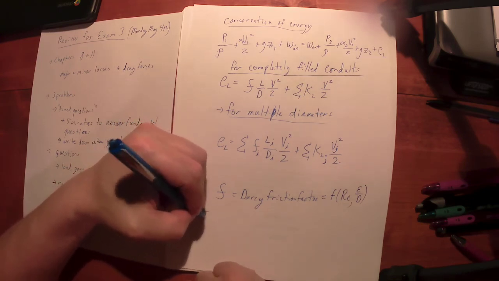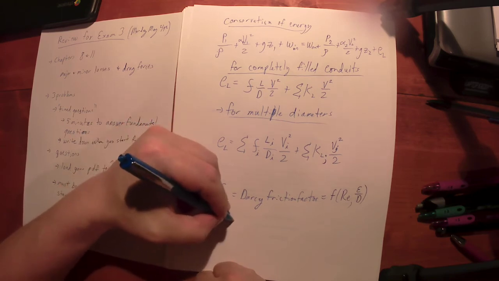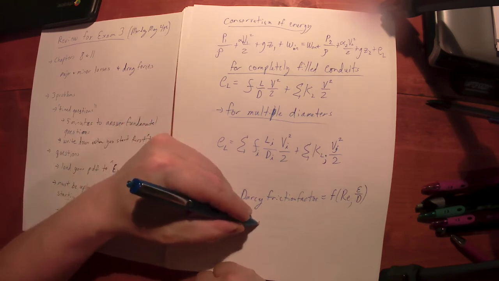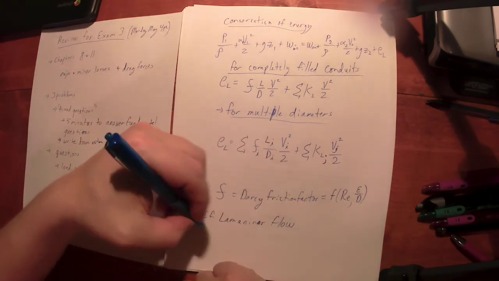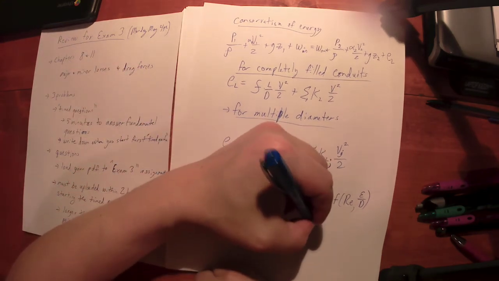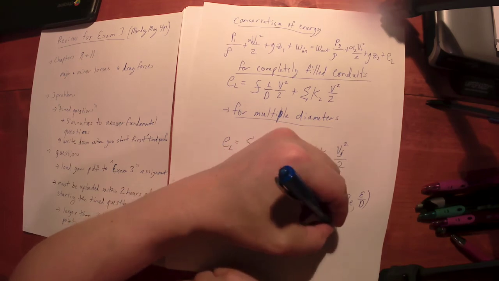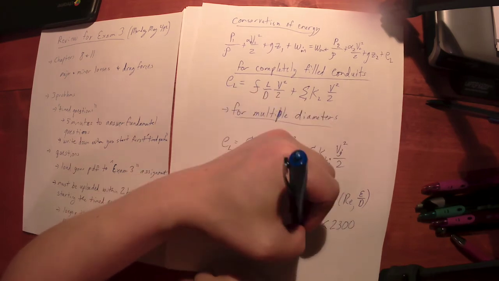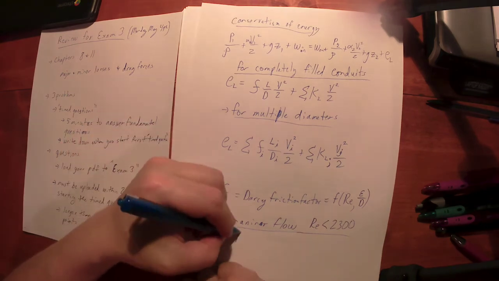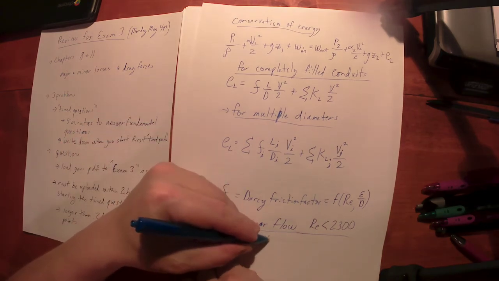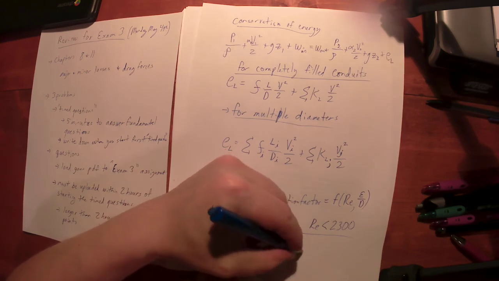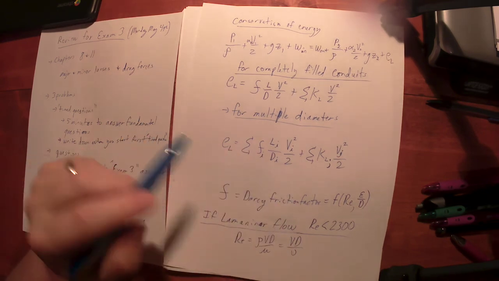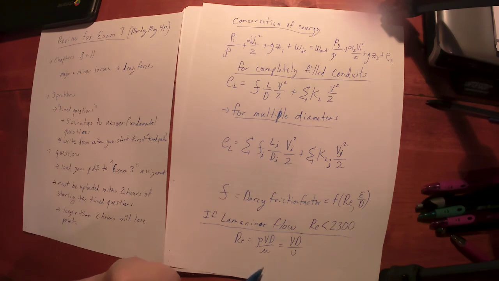If we have what we call laminar flow, how do we know if it's laminar flow? That means the Reynolds number is less than about 2300 for completely filled conduits. Again, Reynolds number is rho V D over mu or V D over nu. Right, so there's two different kinds of viscosities. Either one works, since mu over rho is nu.